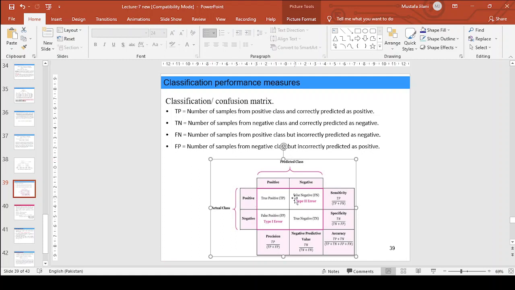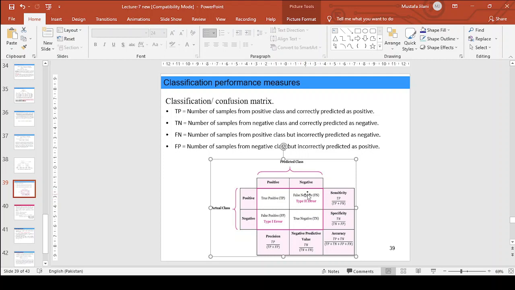Sometimes it is a type 2 error, where actually the person has symptoms or a positive test, but the model says no, he doesn't have it. This is more risky because if we talk about COVID-19, the person will probably be spreading the virus into the community.